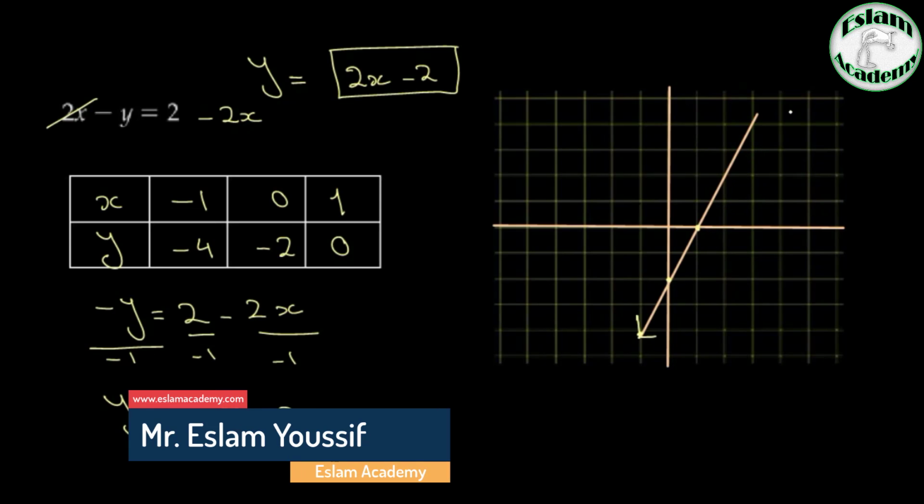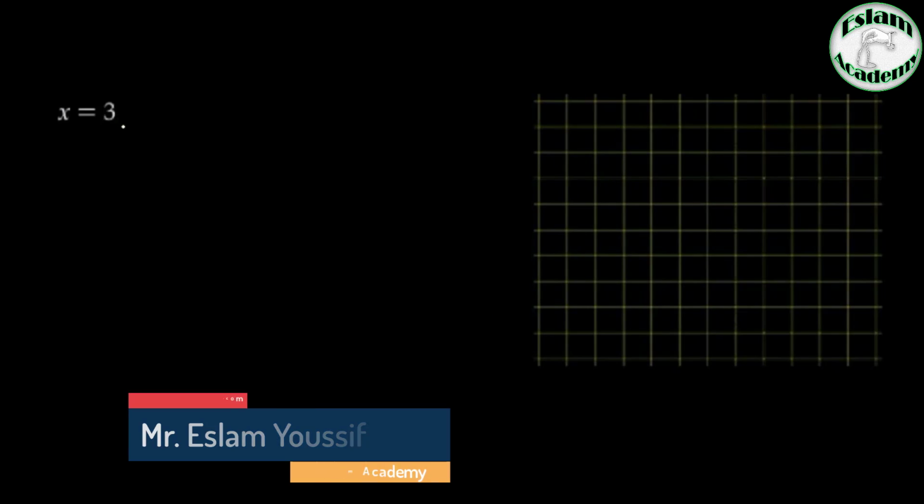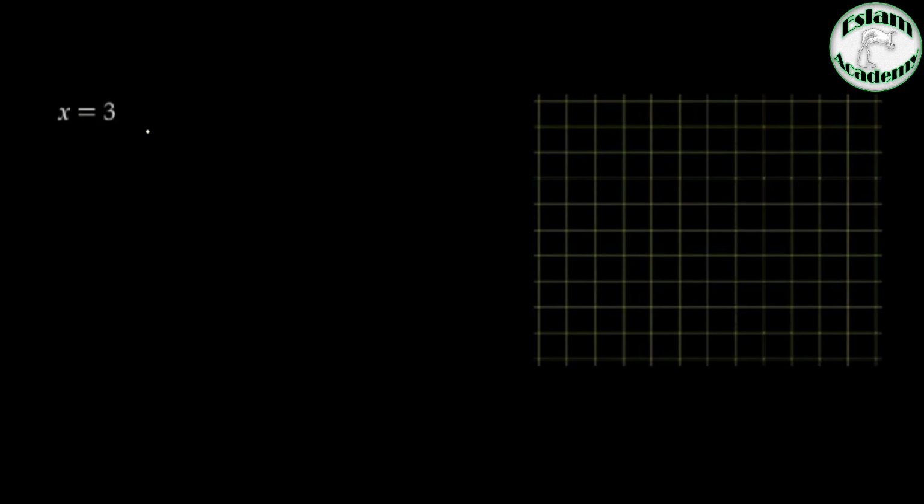Number 3. x equals 3. x equal to 3 is represented by a line parallel to the y-axis that intersects the x-axis at the point 3. For any line x equals any number, it's represented by a line parallel to the y-axis and cuts x at that point.